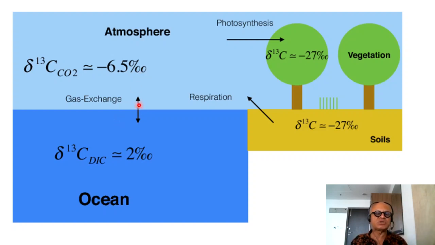And there is gas exchange with the ocean, so the dissolved inorganic carbon in the ocean has excess delta C13 of 2 parts per thousand, and the soils and photosynthesis take this available CO2 and create a fractionation of minus 27 parts per thousand in vegetation, and then the soil acquires this hydrocarbon and ends up with delta C13 of approximately minus 27 parts per thousand as well.